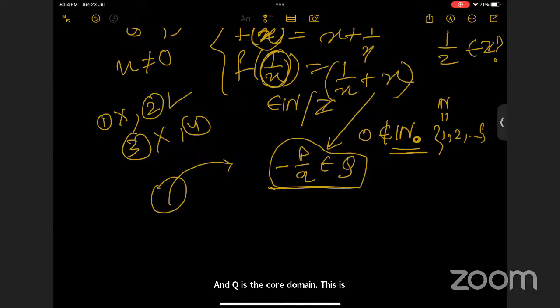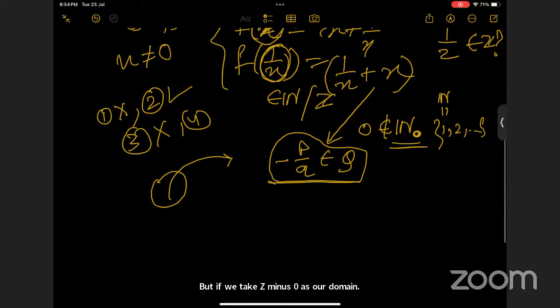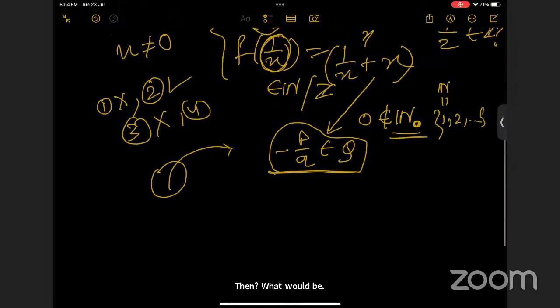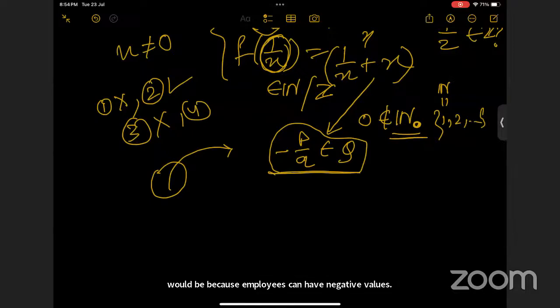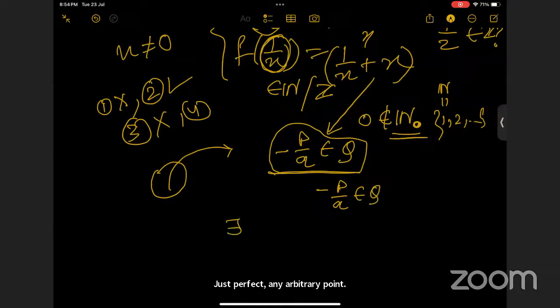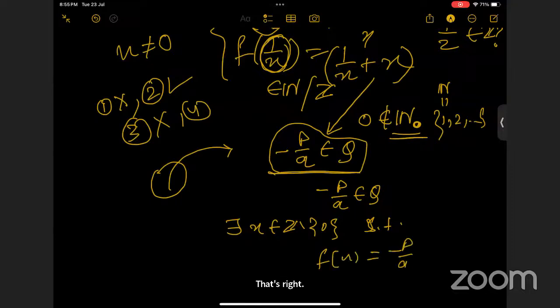But if we take Z minus 0 as our domain, then it would work because integers can have negative values. If we take any arbitrary point from the rationals, there will be some x belonging to Z minus 0 such that f of x equals minus p by q. That is x plus 1 by x equals minus p by q.